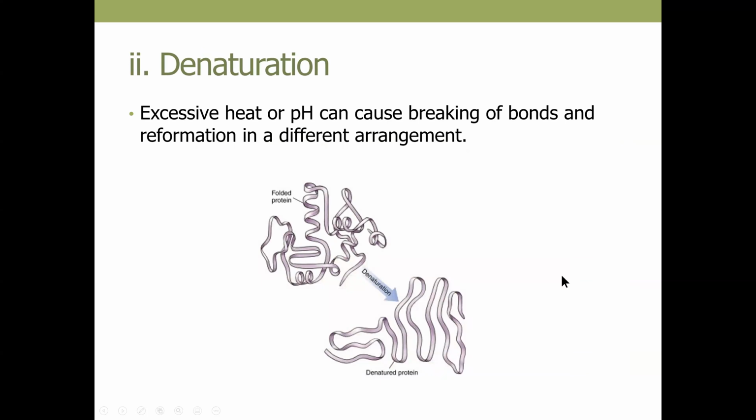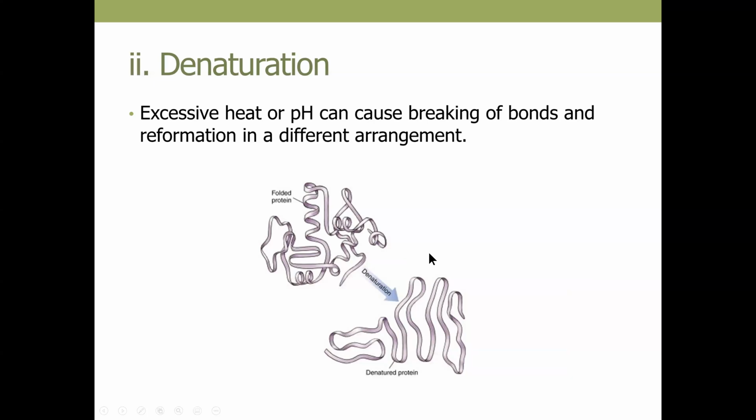What happens if we denature that protein? We had this 3D configuration, and we either changed the pH or added heat. We broke some bonds, and now we have this protein. Well, you can imagine, as molecules are activated by this lock and key enzyme mechanism, they only fit into the enzyme in a certain way.